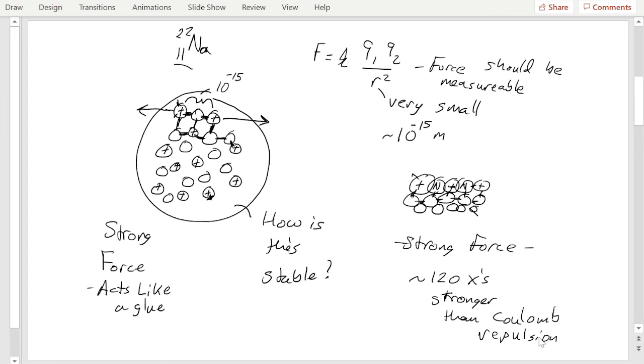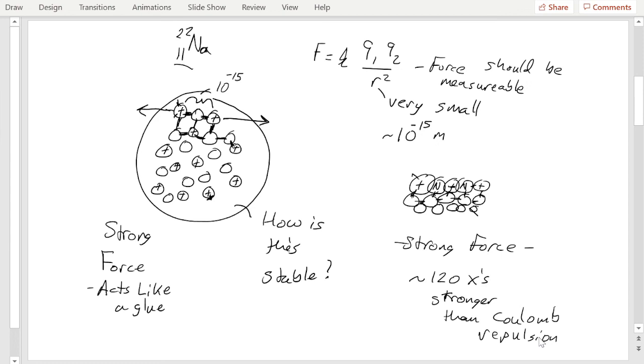So this is why nuclei do not fly apart, even though the particles inside the nucleus are either the same charge or no charge. Now, the neutrons don't really contribute to the electromagnetic force, the Coulomb force, but they do contribute to the strong force. Okay, so when a proton and a neutron are next to each other, they're going to bond pretty much just as tightly as two protons will if they're close enough to each other, or two neutrons will.